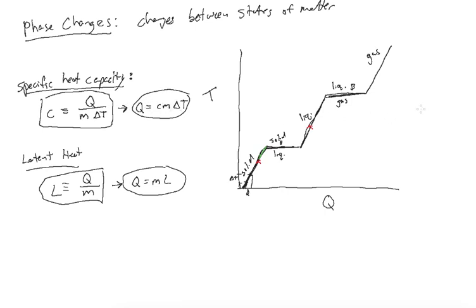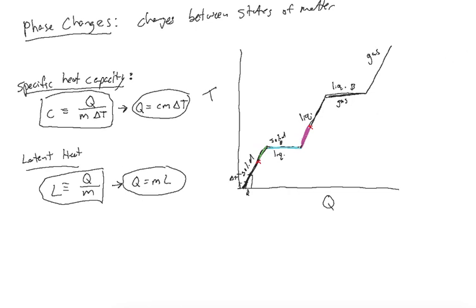You're going to solve this plus this next little part here. You'll go through and do the latent heat during the blue section. And then you'd have this little part here where you go back to doing specific heat capacity, but this time the specific heat capacity of the liquid.